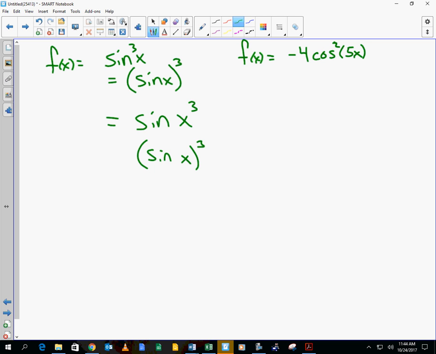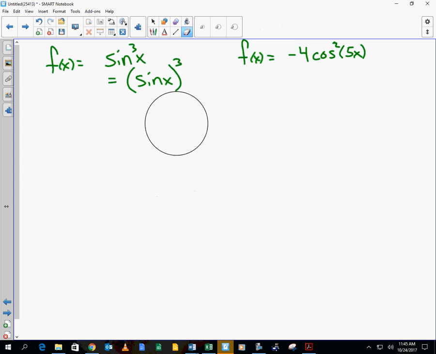Because this looks like it's sine of x cubed. You're cubing the x and then taking the sine of it. This is saying you're taking the sine of x and then you're cubing it. That's why they write it the way that they do.